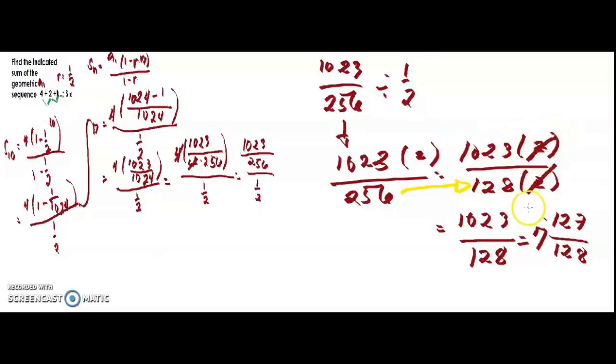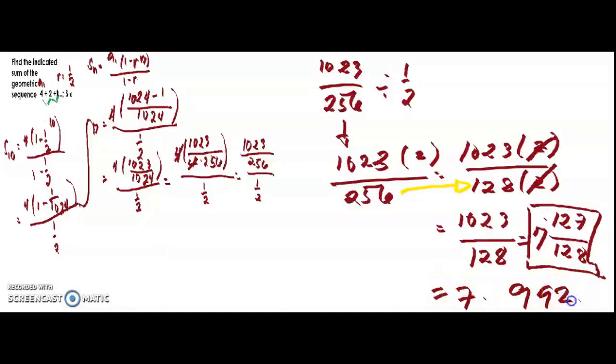Haba ng journey. Okay. Yan. So, the sum now of that pattern 4 to 1 hanggang 10th term is 7 and 127 over 128. In decimal, that is 7.992. Okay, so that is the sum of the first 10 terms.